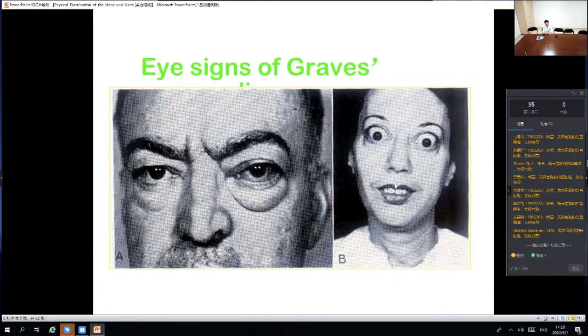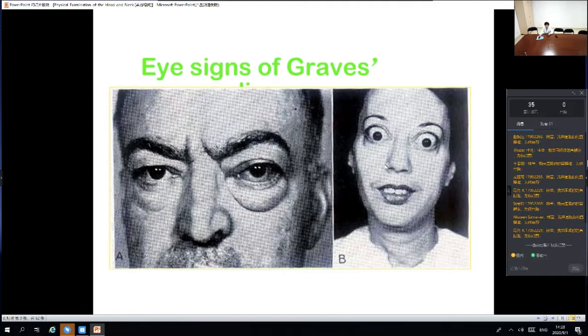And the eye signs, besides the faces, the eye signs of Graves' disease are also very typical. The patient may show a lid lag, sorry, not jet lag, a lid lag, the upper eyelid retraction, and then makes the exposure of the cornea, the sclera, the white part of the eyeball, and then the patient may have a widened picture, and you'll see the lid lag.